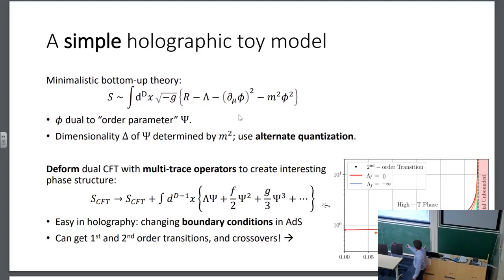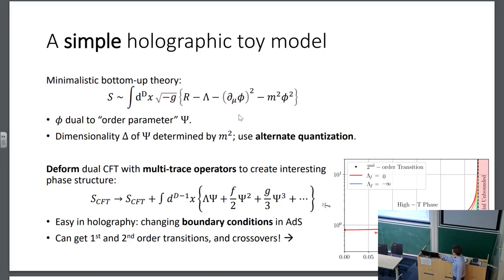So I'll basically deform my CFT by simple powers of this operator, and this is implemented in holography by some more complicated boundary conditions on this phi field. So this is very nice because it gives me these parameters here that I can use as knobs to just get what I want.